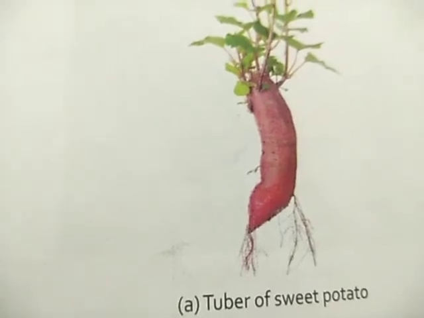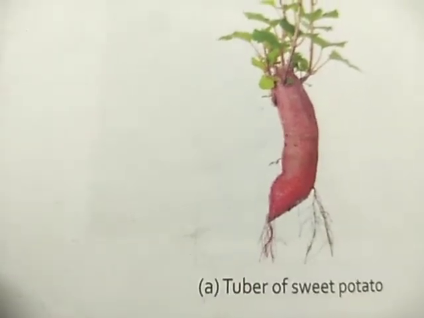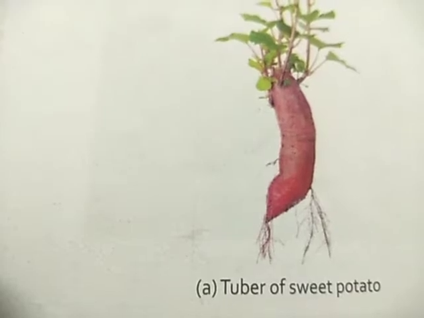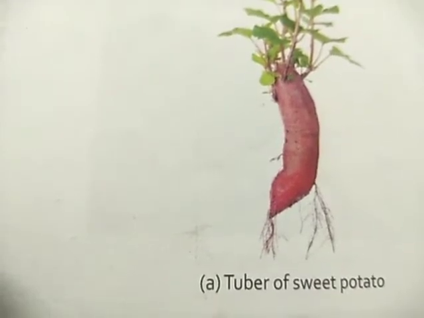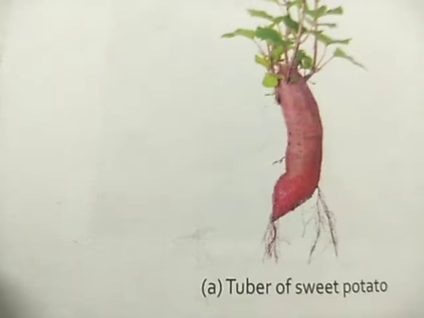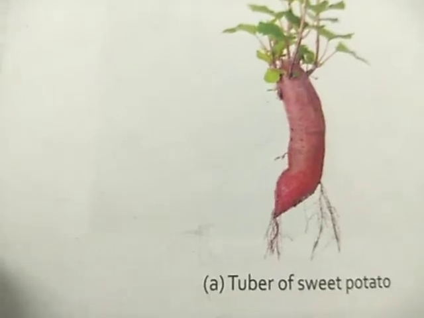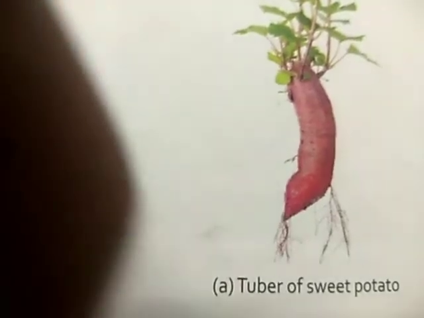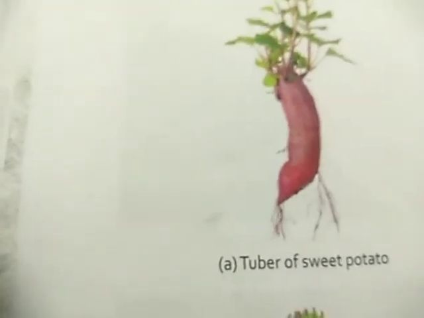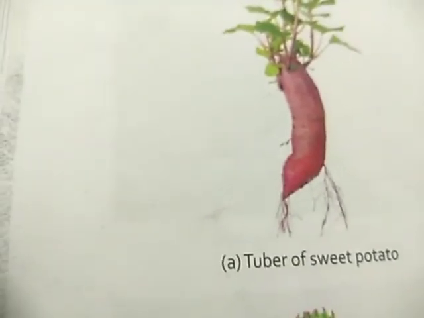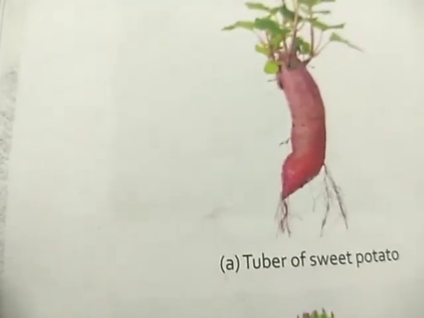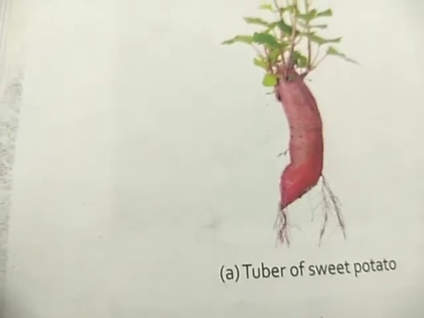Plants such as potato and ginger have special stems that grow underground and are swollen. This stem is below the ground, you should remember, to store excess food. These special stems are called tubers. What is it known as? Tuber. Tuber is sweet potato, and rhizome.